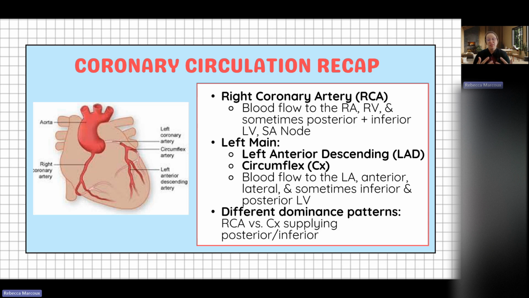Our left side of the coronary circulation is responsible for blood flow to the left atria, the anterior and lateral portions of our left ventricle, and then sometimes as well the inferior and posterior left ventricle. Again, I say sometimes to the inferior and posterior because depending on the person, it's provided by the RCA versus the circumflex. So it varies per person.